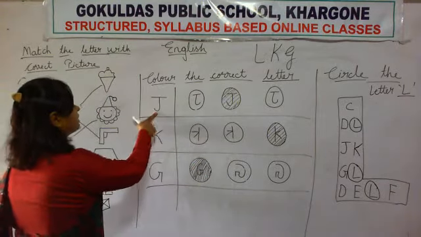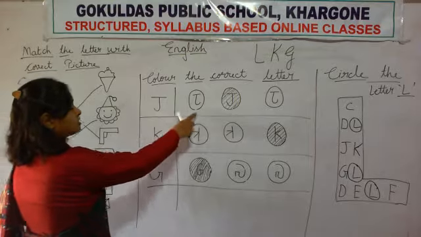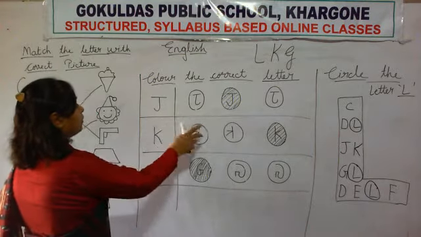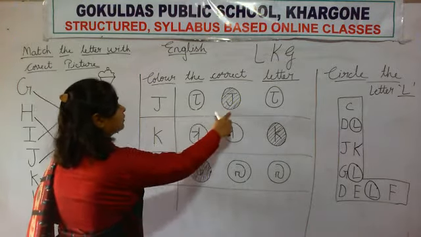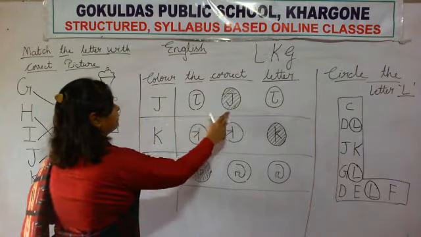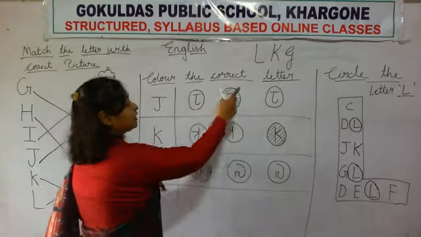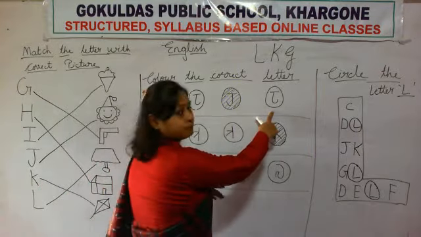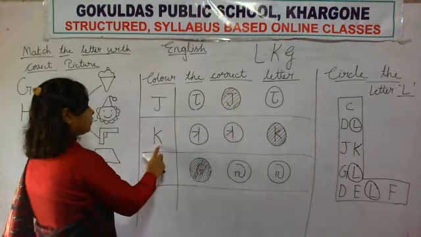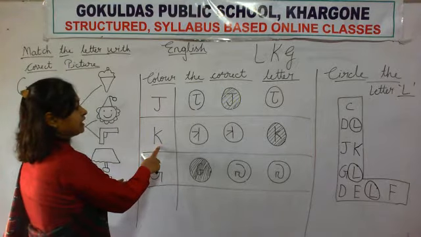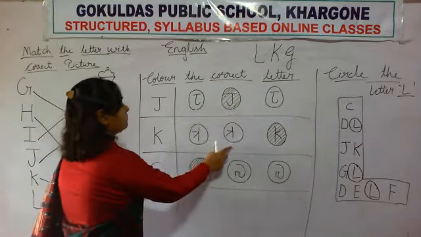Look here. Which letter is this? J. So this is J. Correct formation? No. Look at this J. It is correct formation. Yes. So what we will do? We will correct it. This is same? No. Okay, look, which letter is this? K. So both are same?